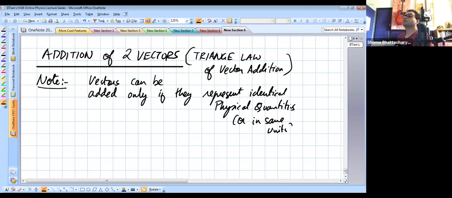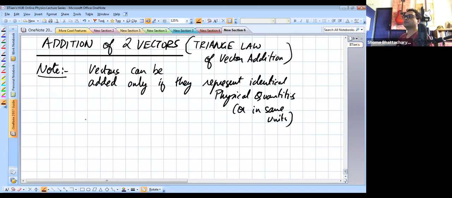For example, we cannot add a force in newtons with a displacement in meters. We can only add force with force. That's very simple.